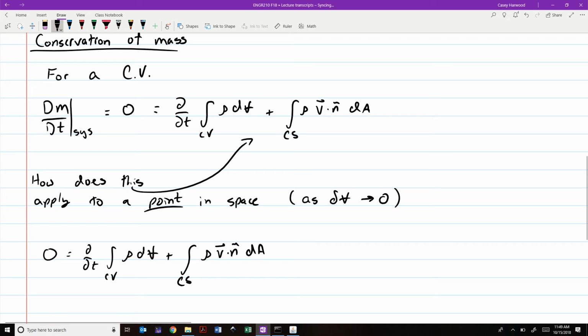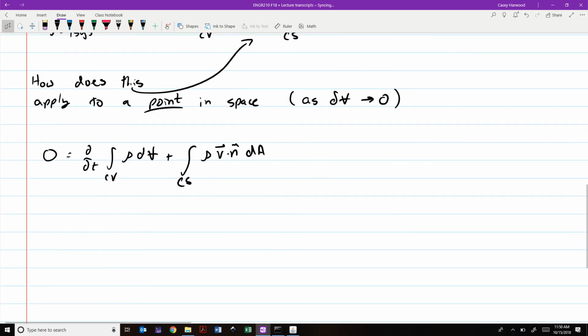Anybody ever heard the phrase the divergence theorem before? Okay, so we're seeing a couple hands, which means it was something you probably saw in vector calc, right? And the divergence theorem basically says that if you take the integral over a bounding surface of a dot product with the normal vector, you can write it instead as an integral of a divergence.